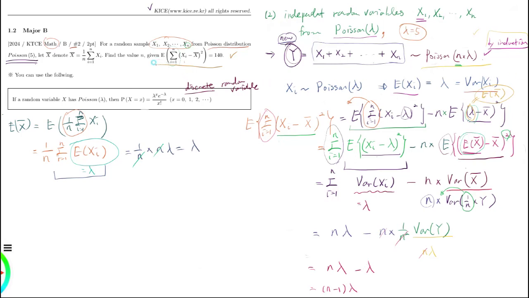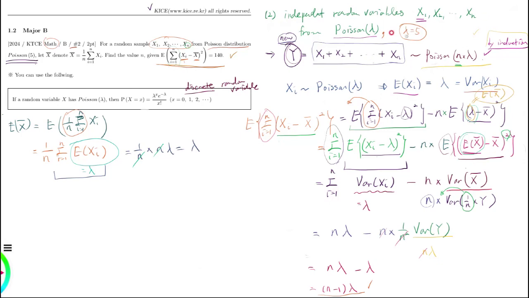So this is the meaning of the expectation value of the sum of all squares of the deviation from sample mean x bar in case of each random variable xi. Okay, so we reach the same conclusion here.